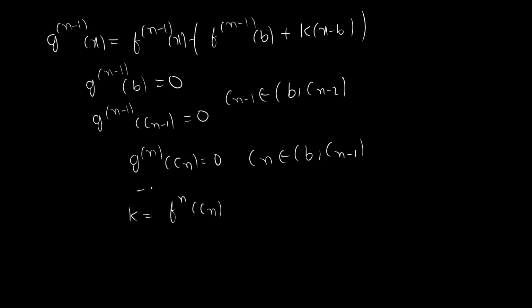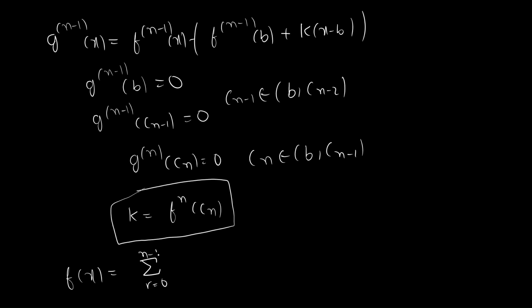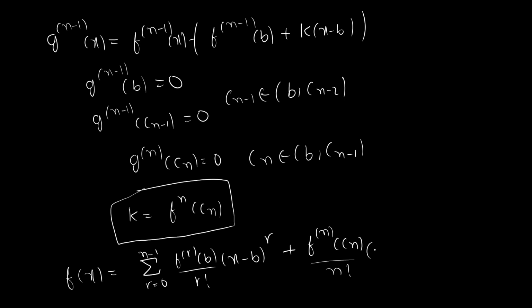Yes, now from here we got k equal to the nth derivative of f at cn, which will give us f(x) = sigma r = 0 to n-1 of f^(r)(b)/r! (x - b)^r + f^(n)(cn)/n! (x - b)^n. Now, since cn will lie between b and c(n-1), which will also imply that cn will lie in between b and x.